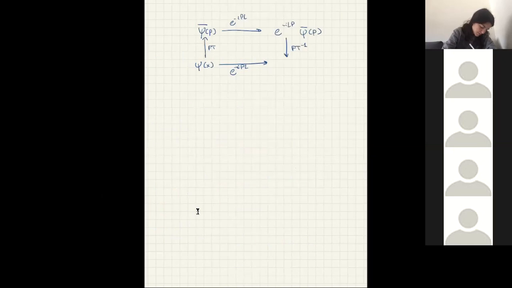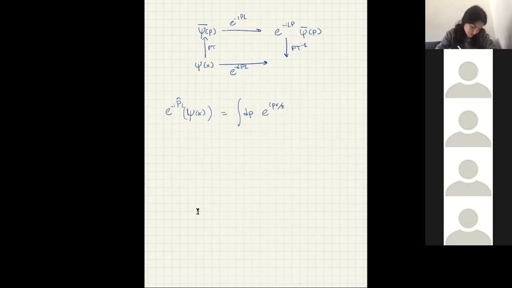Good, so now we want to see what happens to e to the minus i big P L, this is the operator, when it acts on f of x. Well, this is just taking the Fourier transform of what we just did, so the integral dp e to the i p x over h bar.